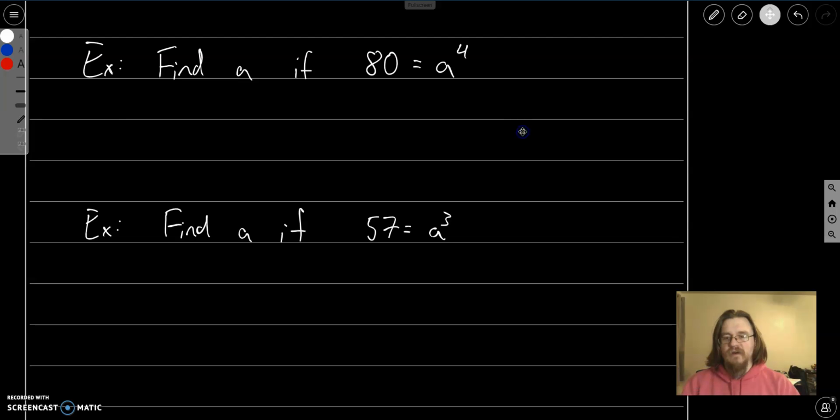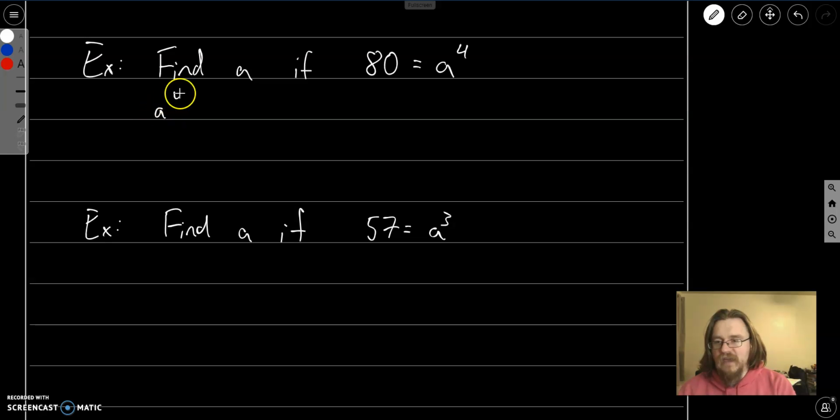Let's do a couple more examples. So here I have 80 is equal to a to the 4th power. So I want to know what times itself 4 times is 80. So again, if I want to get a by itself, what I can do is take both sides and raise it to the 1/4 power.